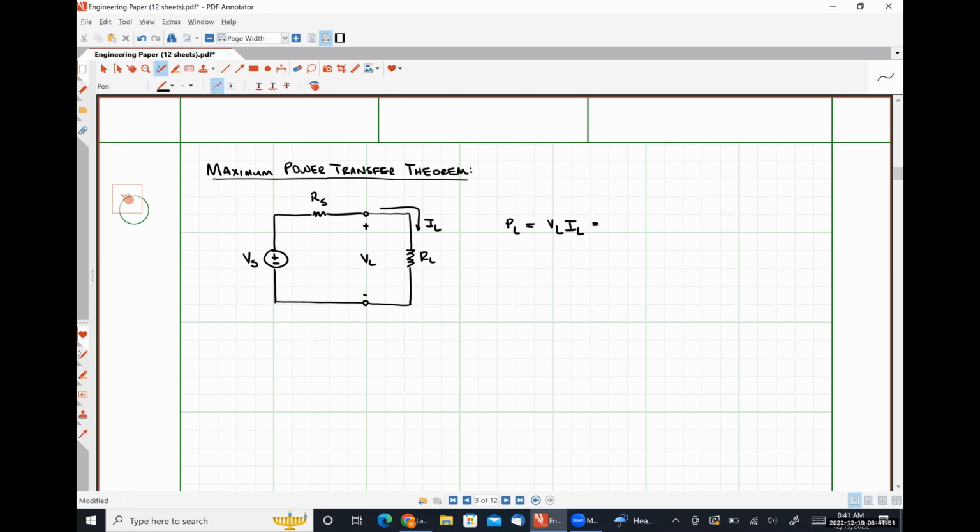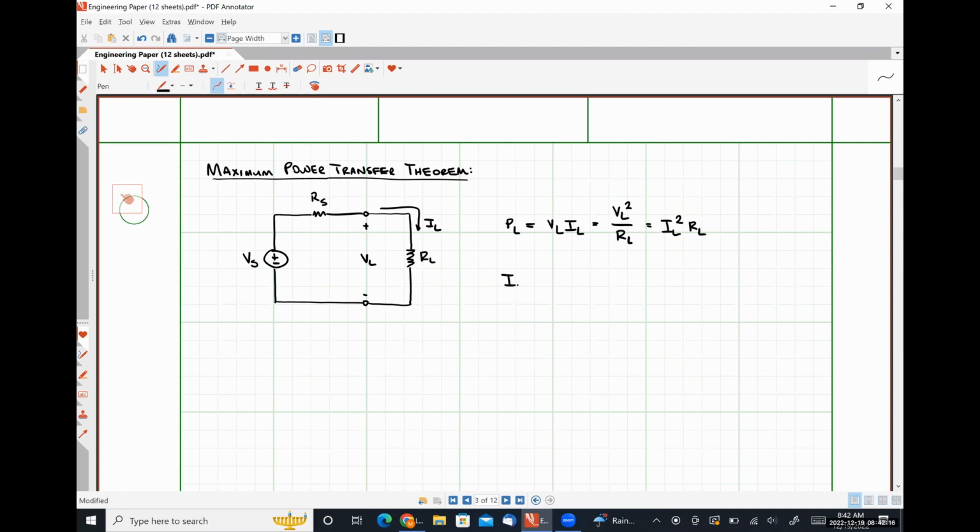We could also express it as VL squared divided by RL, or as IL squared multiplied by RL. So let's use that third representation because it's probably the easiest thing to do here.